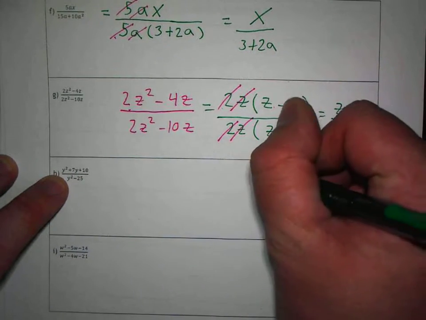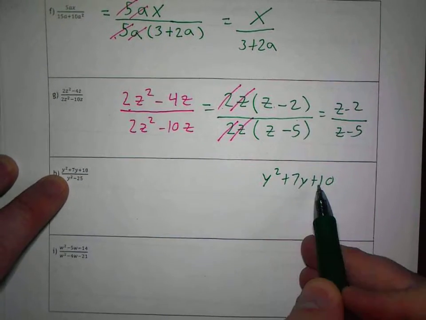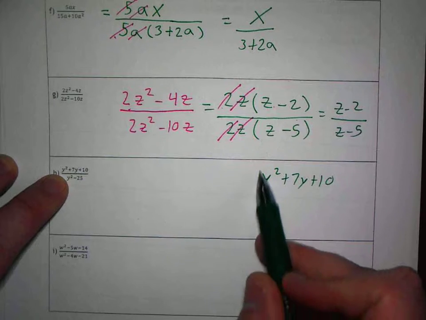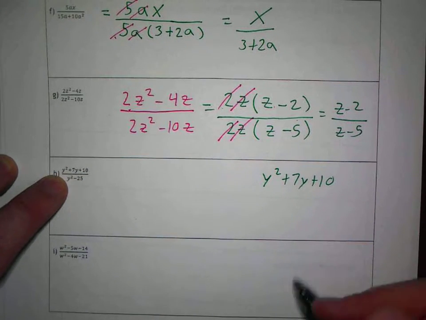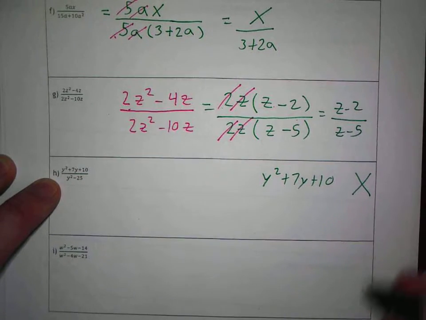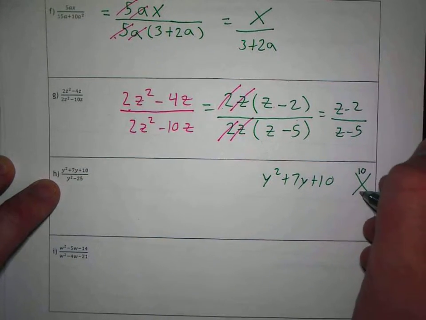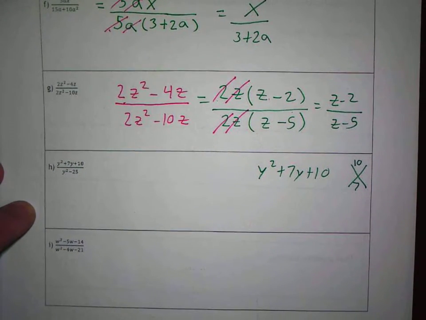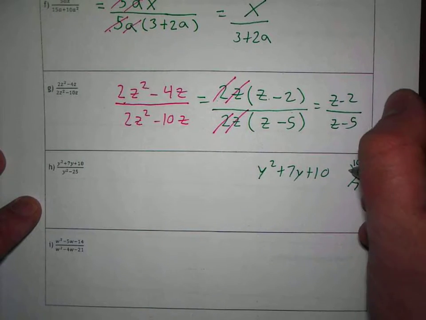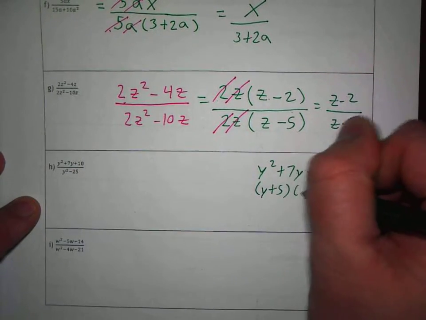So how do you factor a trinomial, quadratic, where a is 1? No, not synthetic. Remember this? So it'd be what? 10 goes up here, 7 here. So two numbers that multiply to 10 and add to 7 are 5 and 2. So I get y plus 5, y plus 2.